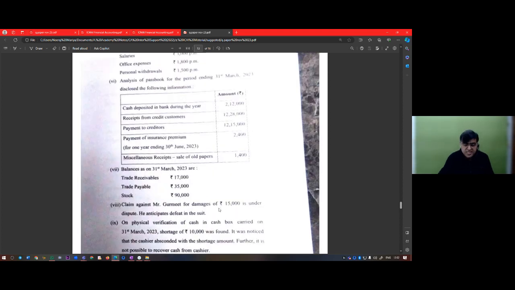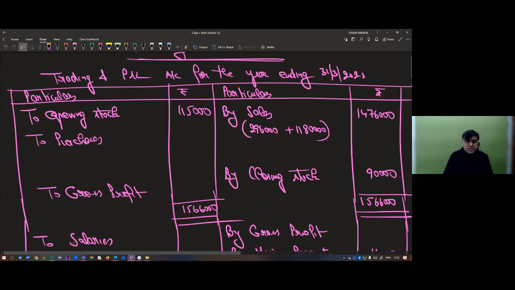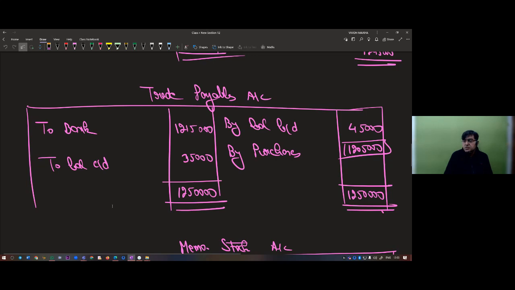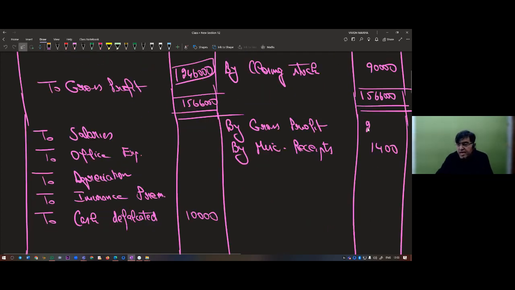Stock is 90,000, 1,15,000. Purchases are done from creditors 1205. 1,476 plus 90,000 minus 115 minus 12 is 2,46,000.